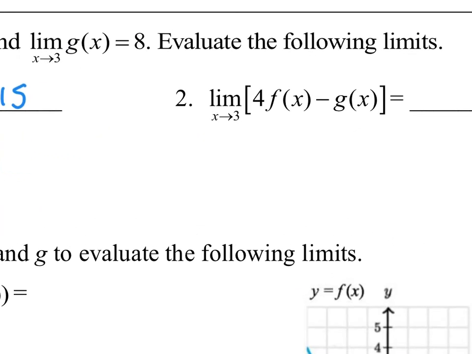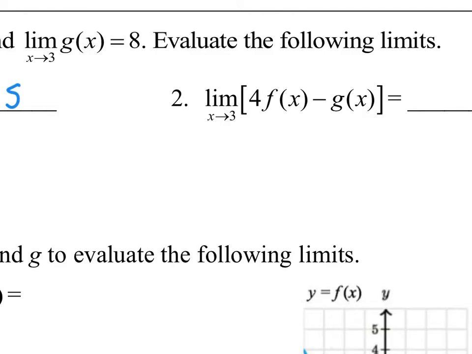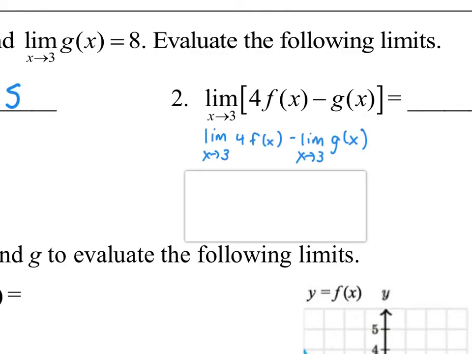It's going to be a combination of the sum and difference property along with the scalar multiple property. So my first step is to split this into two limits across this subtraction sign. And then my next move is going to be to take this 4 and pull it to the outside.